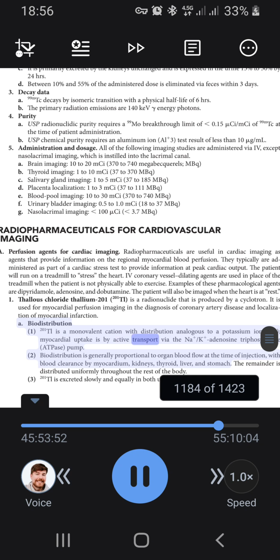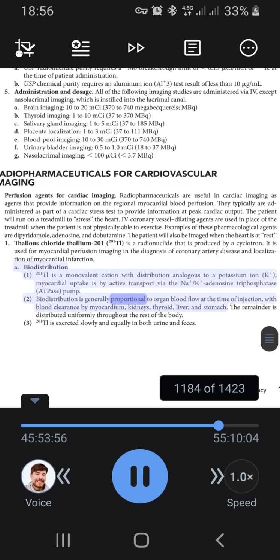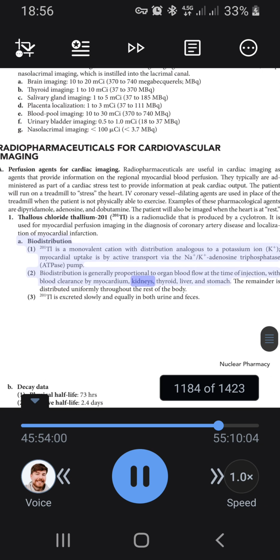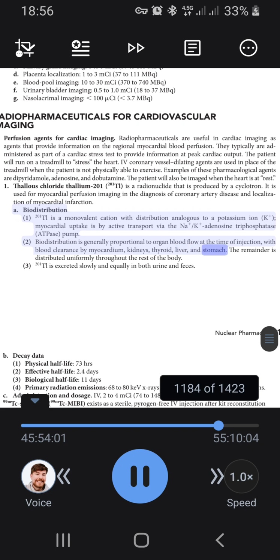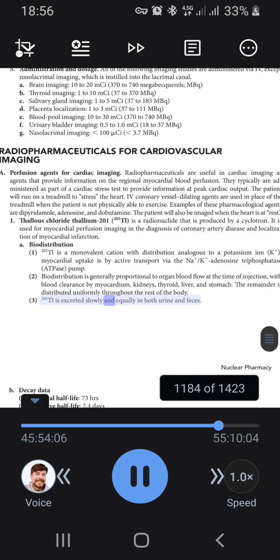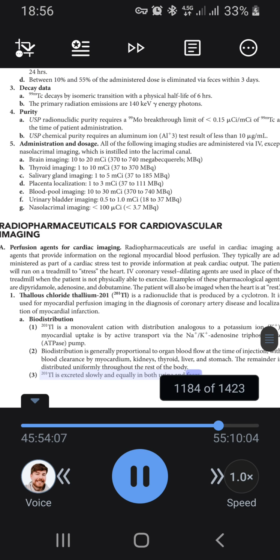Myocardial uptake is by active transport via the sodium-potassium adenosine triphosphatase (ATPase) pump. 2. Biodistribution is generally proportional to organ blood flow at the time of injection, with blood clearance by myocardium, kidneys, thyroid, liver, and stomach. The remainder is distributed uniformly throughout the rest of the body. 3. 201Tl is excreted slowly and equally in both urine and feces.